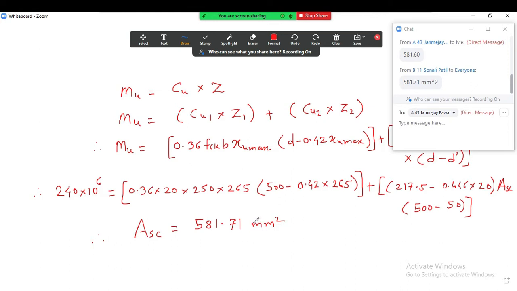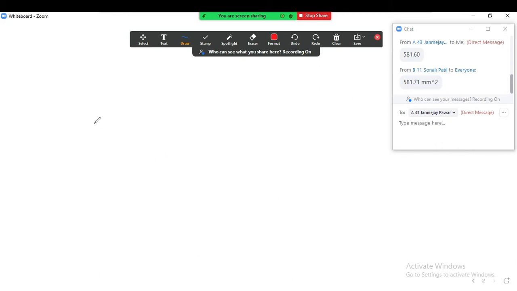Let us assume that we are going to provide a 16 mm diameter bar. Now if we assume a 16 mm diameter bar, we need to calculate the number of bars. So the number of bars is equal to 581.71 divided by pi by 4 into 16 square, the area of a single bar.